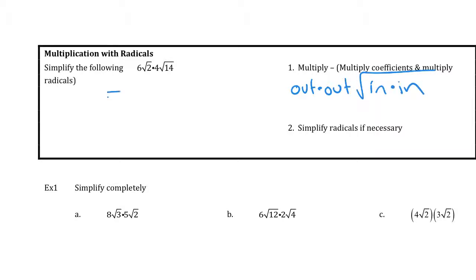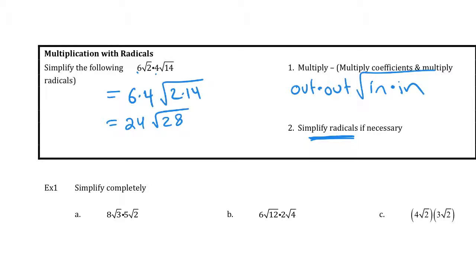So when I do this, outside and outside are the 6 and 4, 6 times 4. Radical, 2 times 14. Now, you probably would not write that. You'd do that in your head. You'd get 24 rad 28. But then, step 2 is simplify the radicals if necessary.